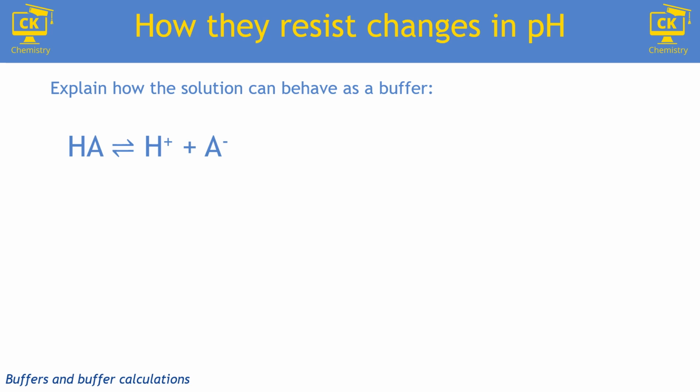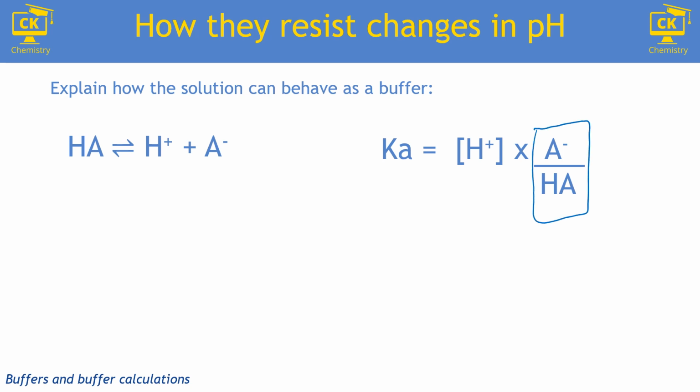And if we actually think about this equation as we've been writing it the whole way through, what we've been saying is that pH depends on this ratio, moles of A minus to HA. And when we've just been doing our calculations, for example, in the previous one where we added alkali, which is the most common type of question, we said that adding alkali increased this and decreased this.